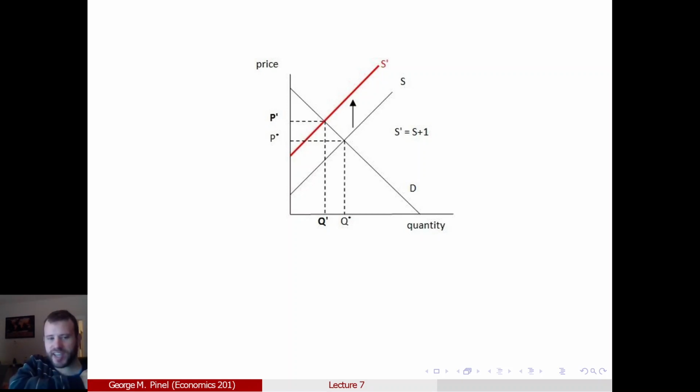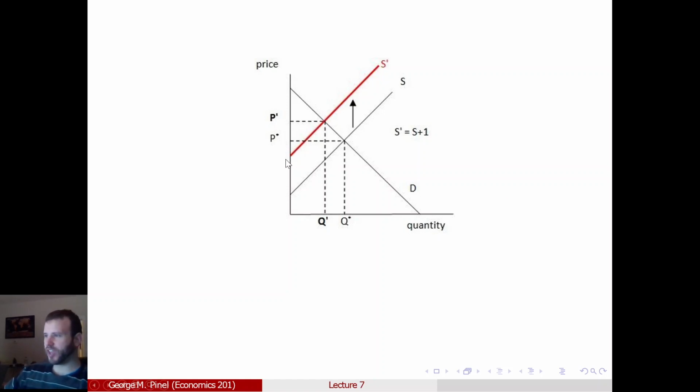So it's almost like they get a second price. P prime is the price that consumers pay and that the producers charge, but after tax, the amount that producers get is lower because they have to pay the tax per quantity.